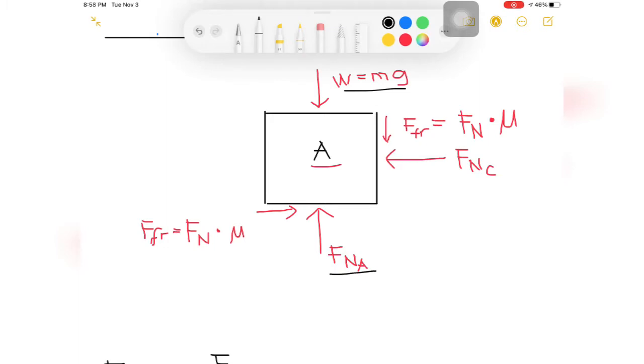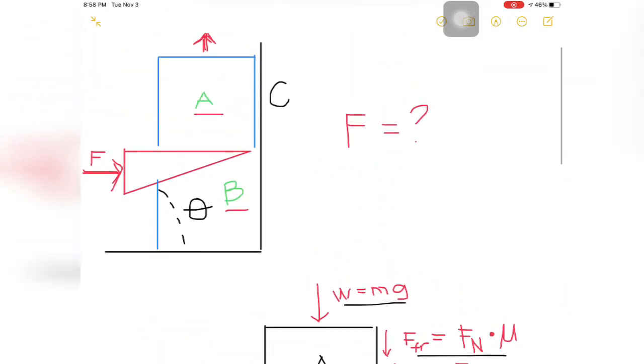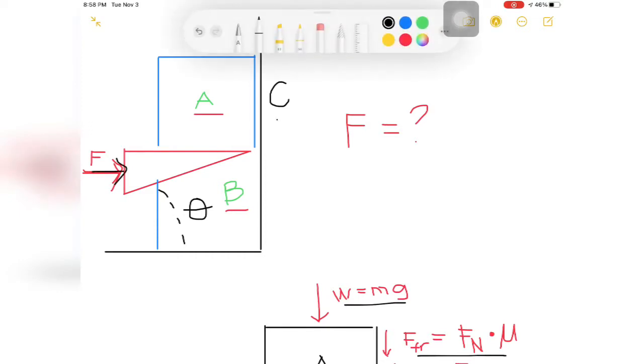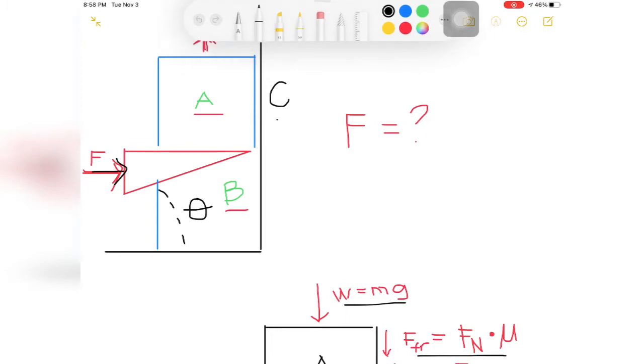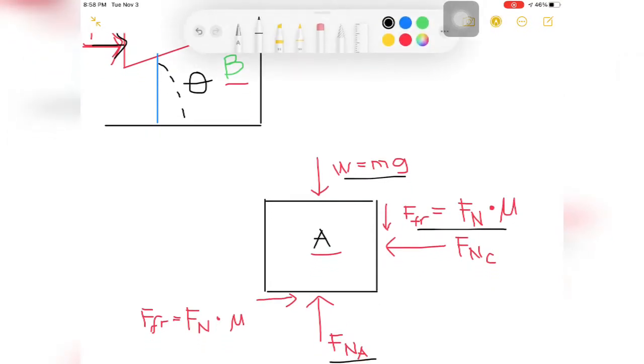We also have a friction force here as we're driving the wedge in to push object A against the surface at C. So the friction force will be between A and C, and as you are trying to push object A upward, there will be a friction force pushing downward, which means the upward normal force at the bottom of object A counterbalances the friction force at surface C.